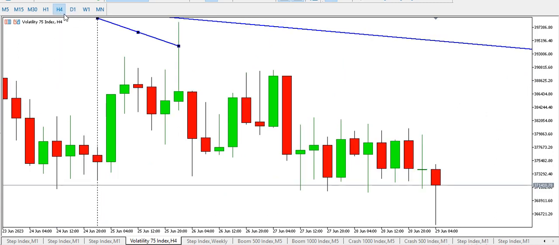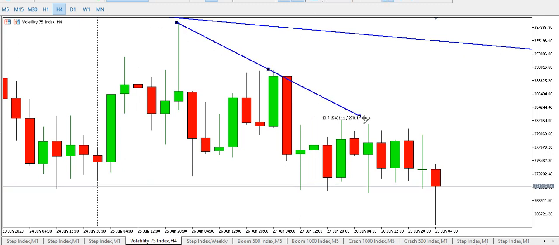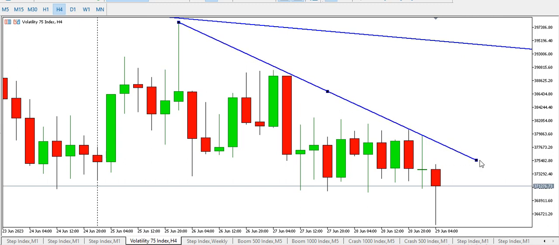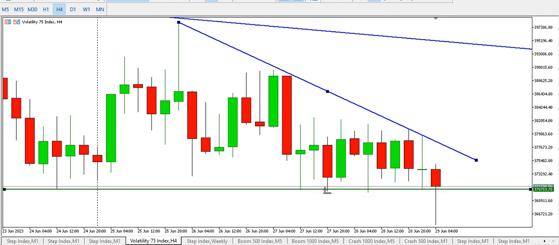On the 4-hour time frame, what do we have? On the 4-hour time frame, price is still ranging. But we are seeing a gradual drop of price. And look at the break of structure of this particular structure, more like a liquidity grab. Okay, price has grabbed liquidity by breaking.